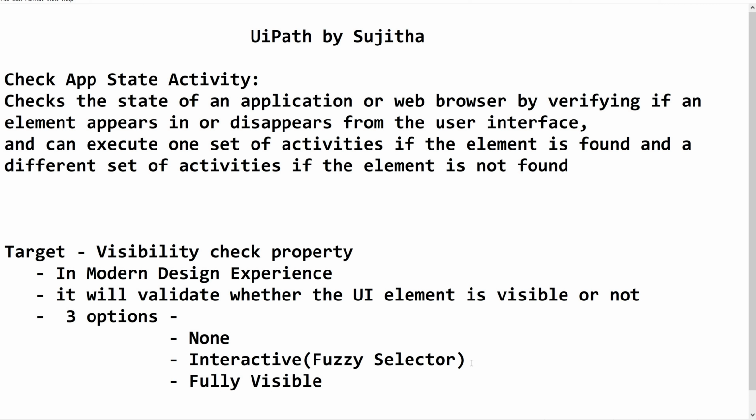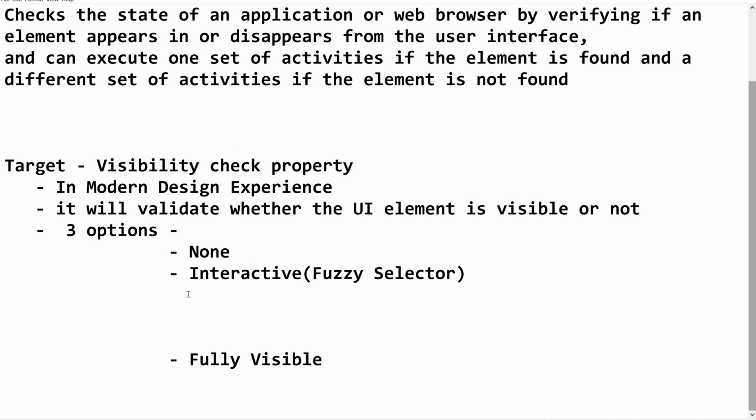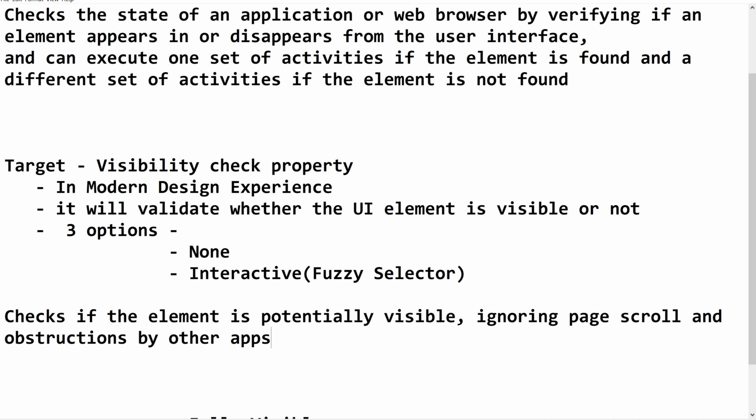Now let us see what these interactive and fully visible options are, because we should be confident enough about when to use which one. Interactive, you can guess from the naming itself. Interactive means it checks if the element is potentially visible, ignoring the page scroll and obstructions by other applications.